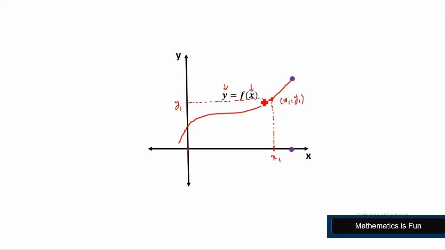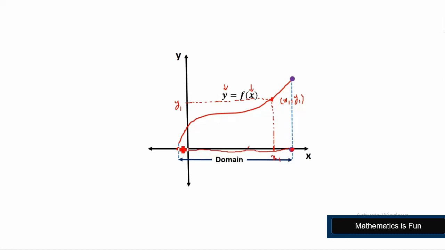So let's now explore the concept of domain graphically. All the values on the x-axis over which the function is extended is the domain of f. So all the values between these two values of the x-axis are the values in the domain set.